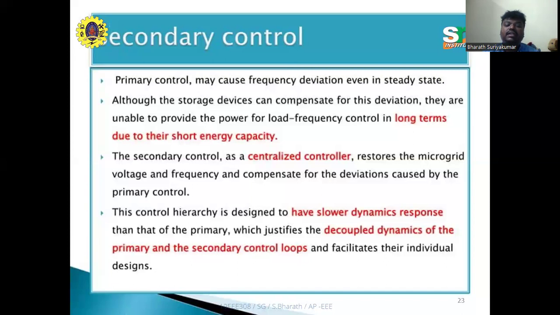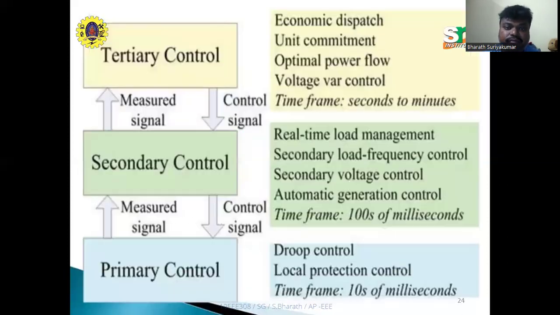This control hierarchy is designed to have a slower dynamic response than the primary, which justifies the decoupled dynamics of the primary and secondary control loops and facilitates their individual design. Here you can see the primary, secondary, and tertiary control, and the different control techniques taken up by each stage of its operation.